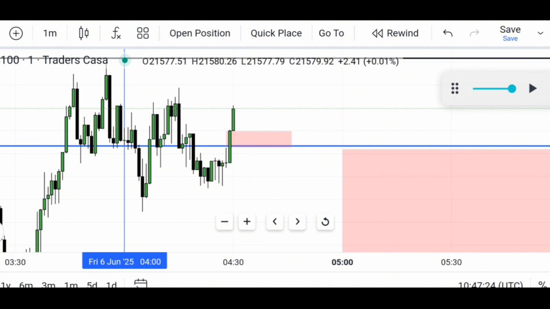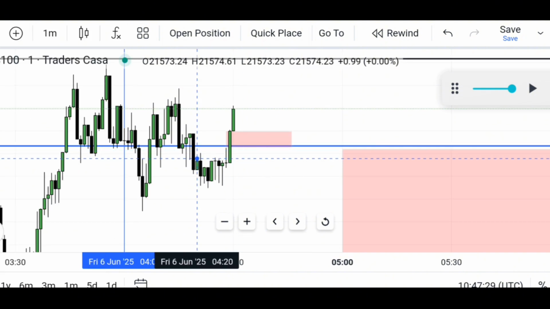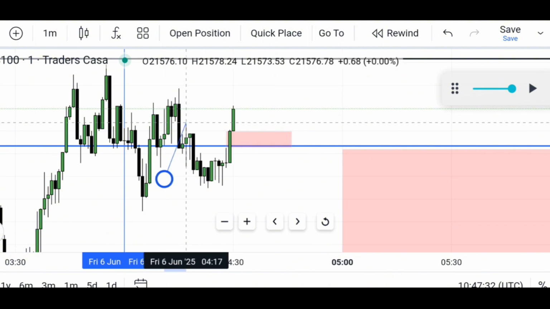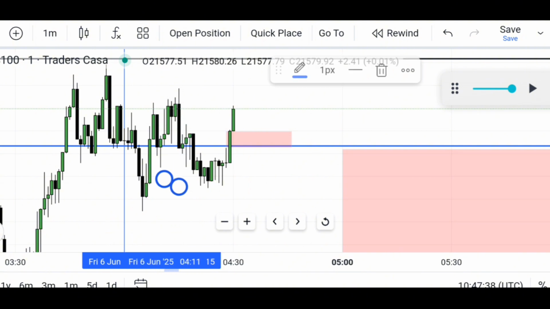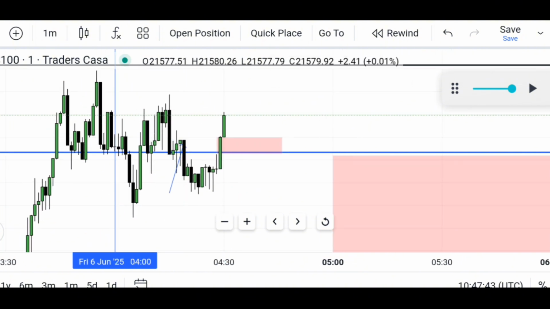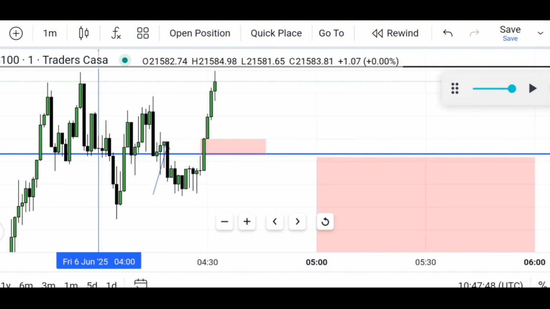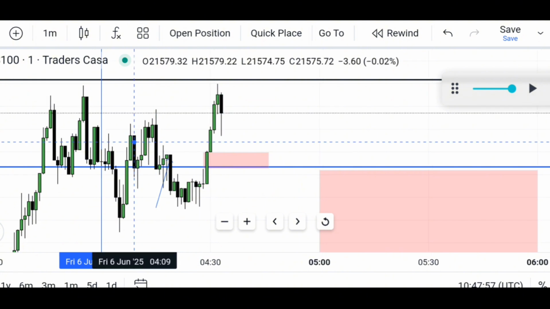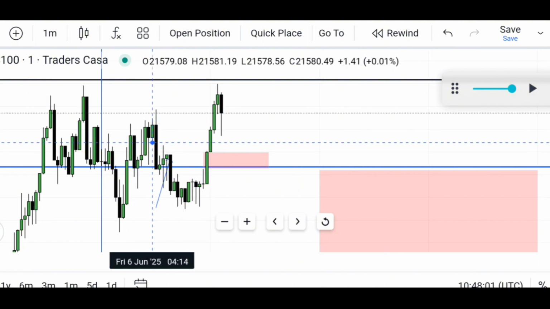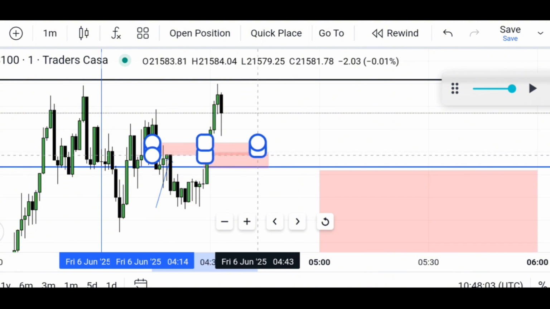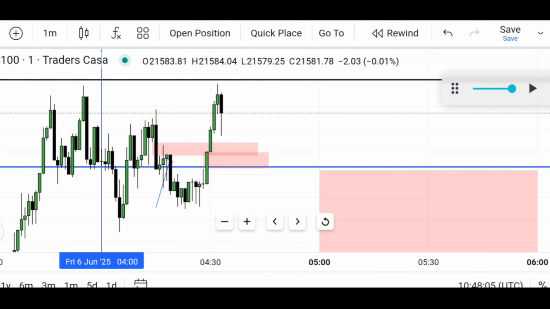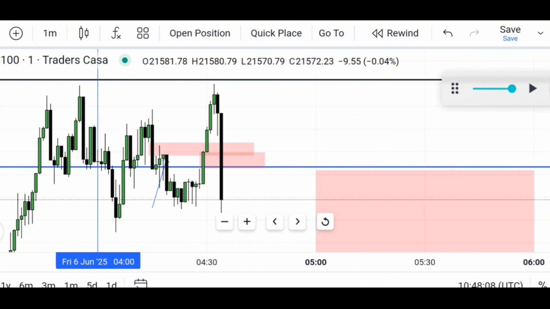So we have this FVG, and we have actually seen price rallying through this high right here, this swing high. So that's very good information, right? So we want a retracement now. Are we missing the trade? Yes, of course. So we have this BPR right here, and let's see if we get a retracement there.